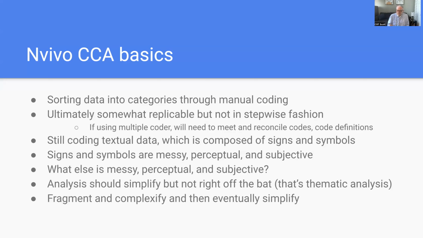And there's always a gap that we just have to assume is always going to be there. We don't know the exact nature or extent of the gap, but there's always going to be a gap between what we develop and what we're attempting to represent, whether we are participants in a study or analysts analyzing data in a study. And that can be very frustrating because it is so messy and perceptual and subjective. But you know what else is messy and perceptual and subjective?